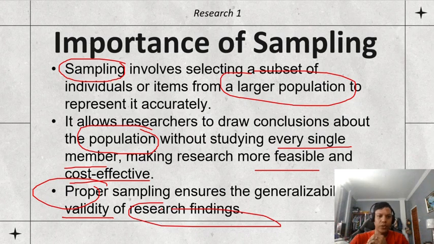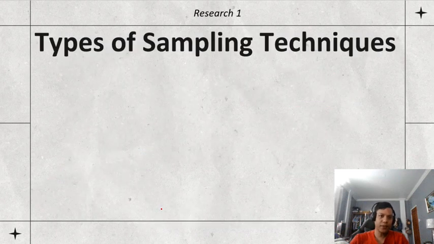Especially if we use the proper sampling techniques, we can get important, reliable, and valid data because we select the appropriate individuals that will participate in our research paper.